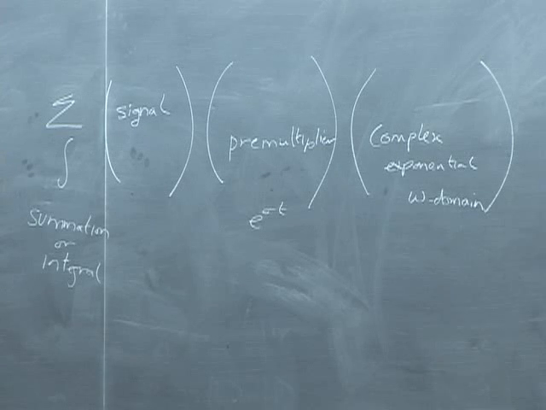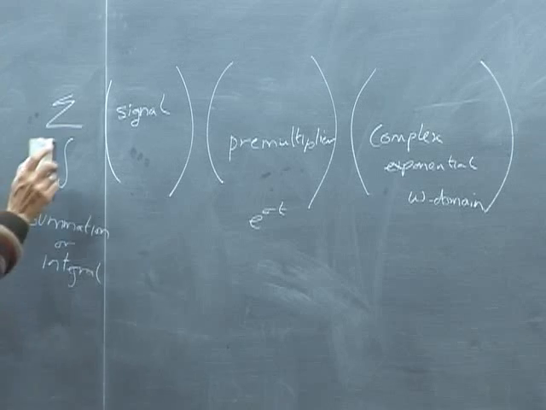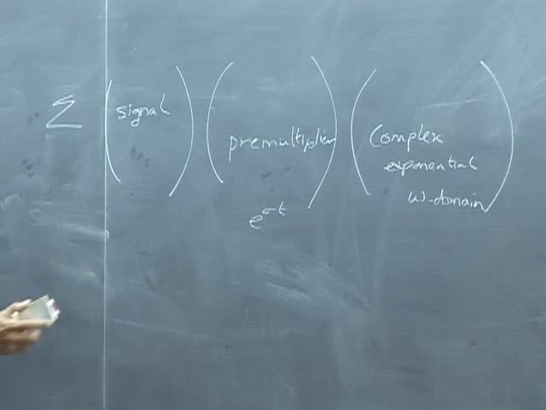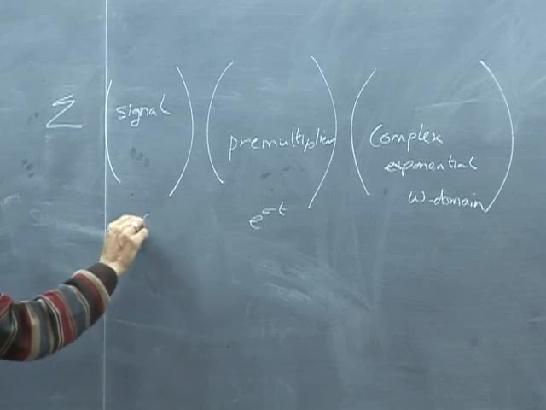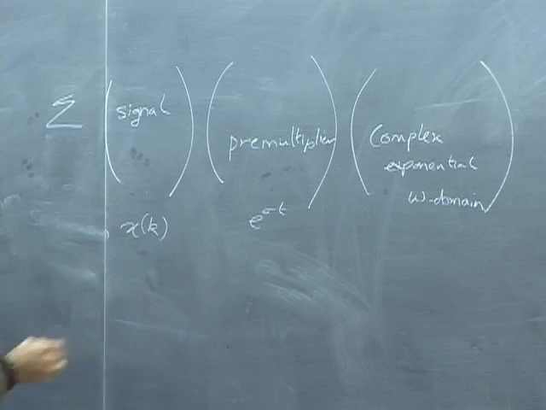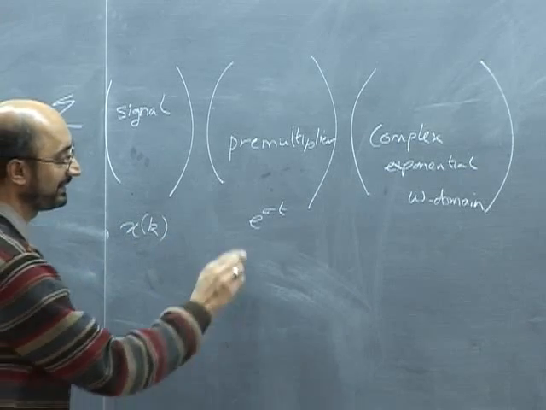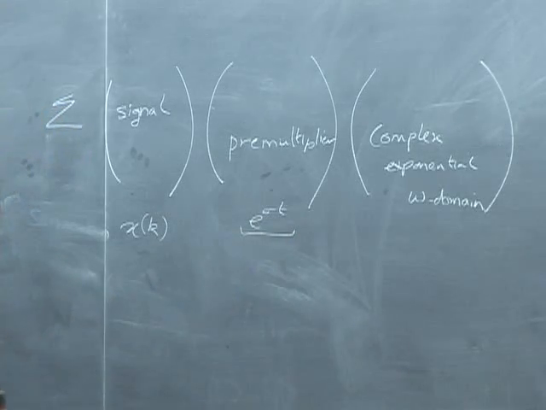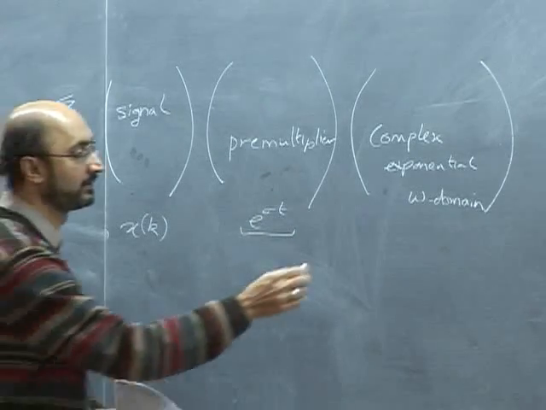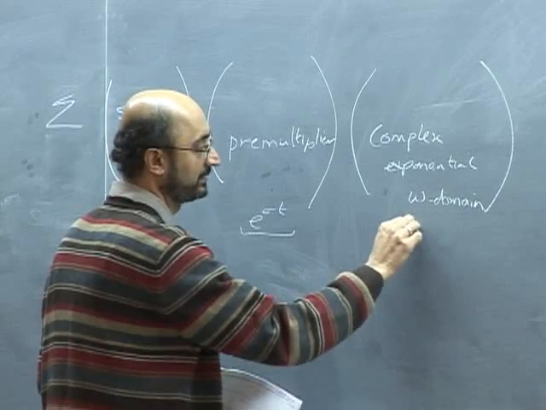So if you use this and ask how we do the Z transform, well, first of all, it's going to be a summation because it's discrete. We don't have an integral. We have signals, so it's going to look like x_k, because it's discrete, or x(nT), doesn't matter. We're going to have a pre-multiplier, so let me just leave it as e to the sigma t for now, and we have a complex exponential, which will be e to the j omega t.